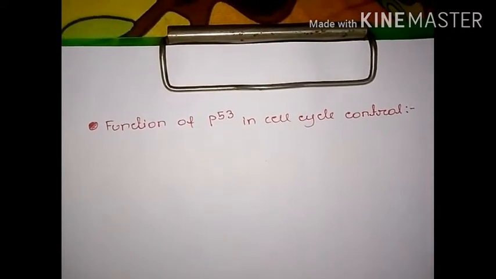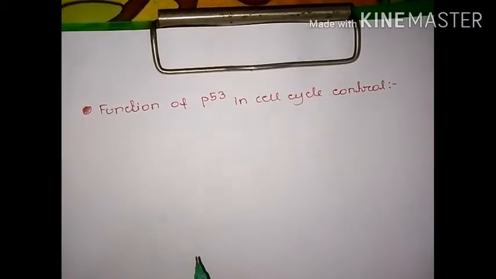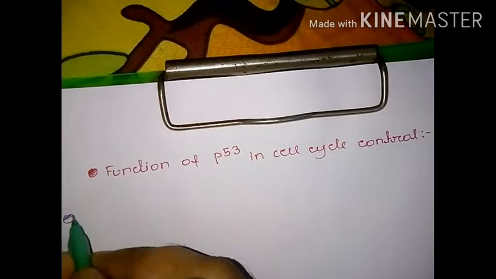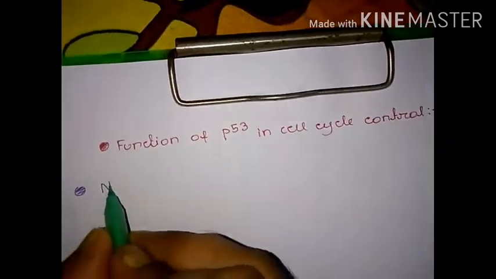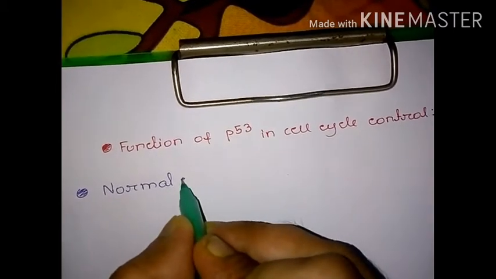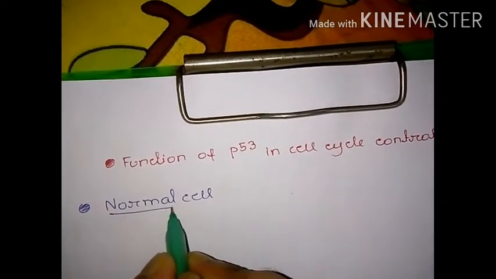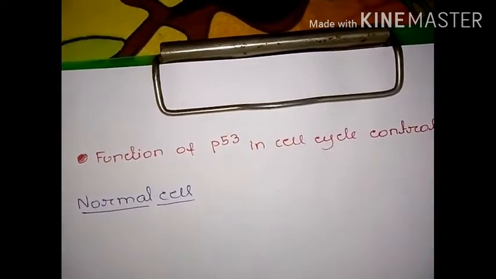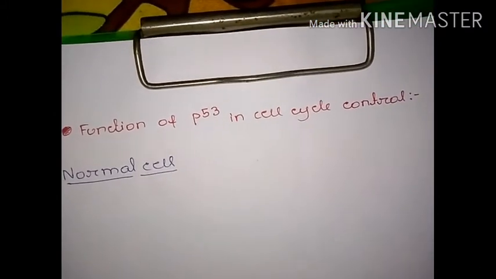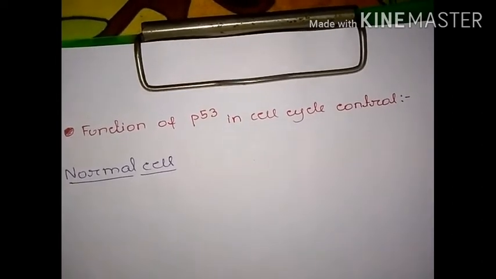So first we discuss the normal cell. In the case of normal cells, all the functions remain in a regulated manner, and cell cycles occur in a regulated manner.